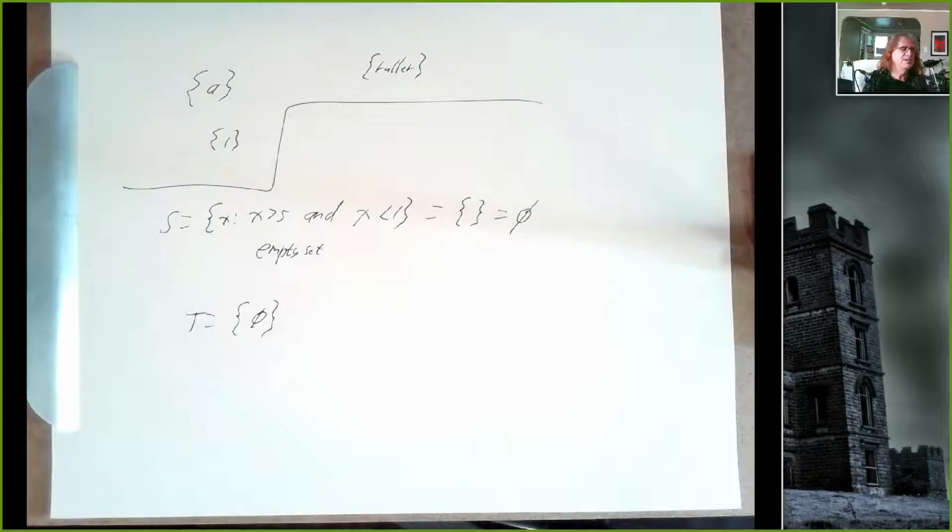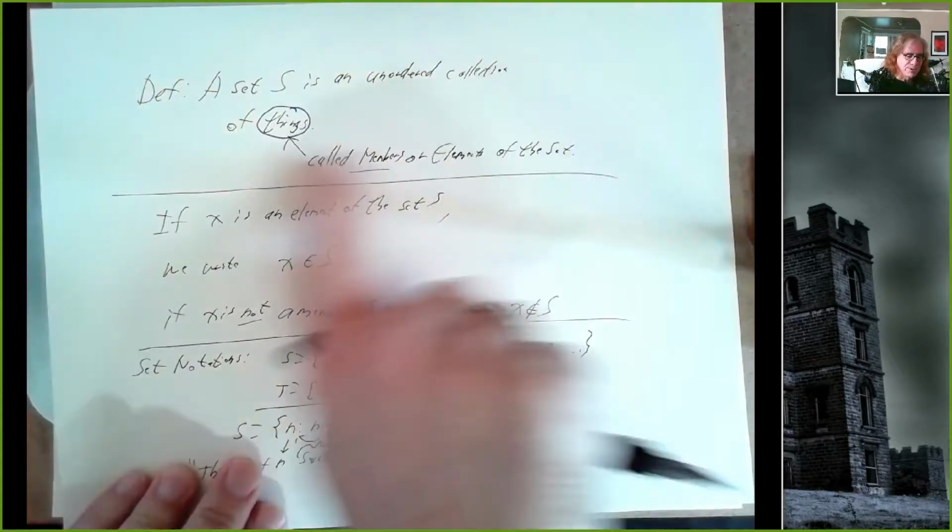So here's another set called T. And it's a singleton set. It contains one element. And what is the element contained in T? It's the empty set. Now T itself is not empty. It has one element. But remember, we started off by saying a set is an unordered collection of things.